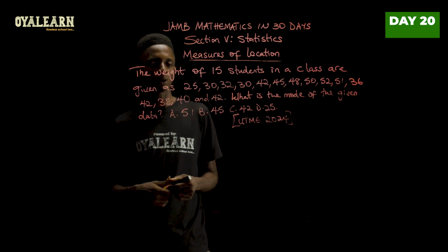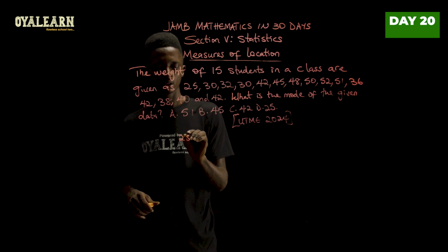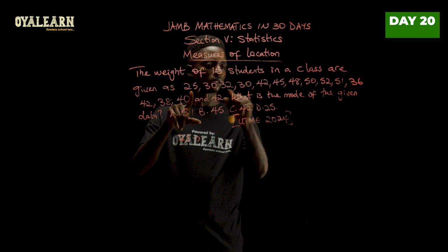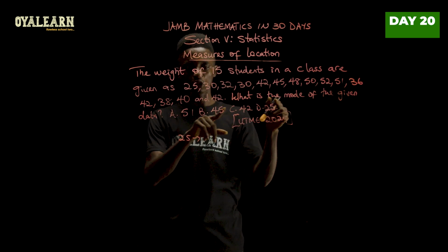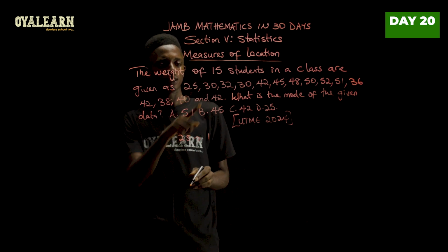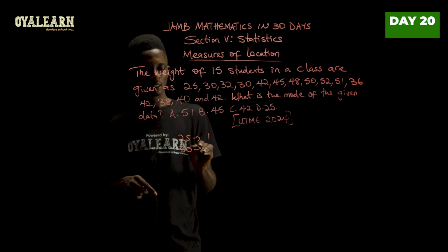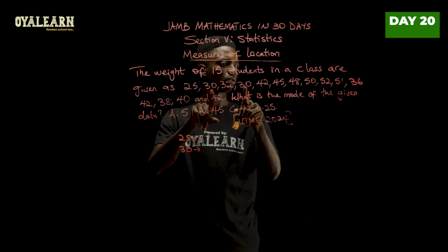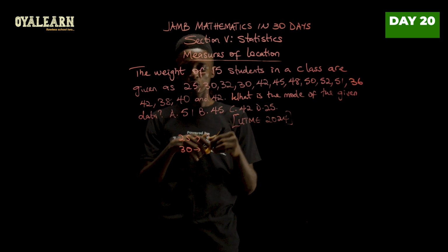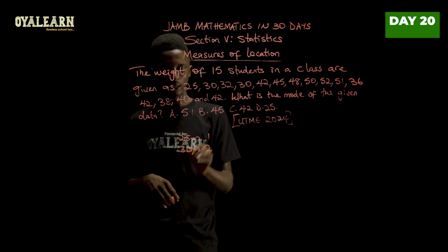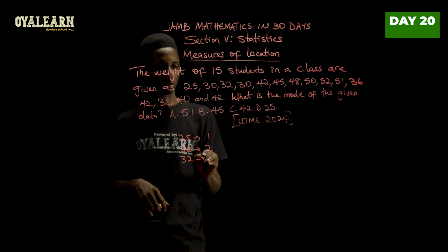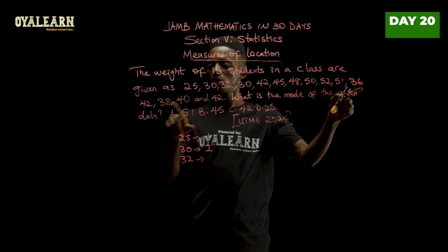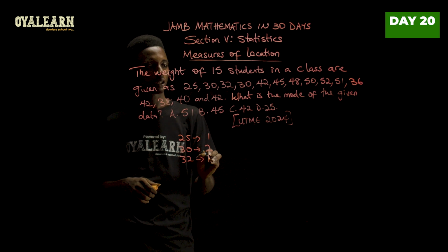So, let's start with 25. Now, 25 occurs just once. Next number we have there is 30. 30 occurs 1, 2, just twice. Then we have 32, which occurs once.